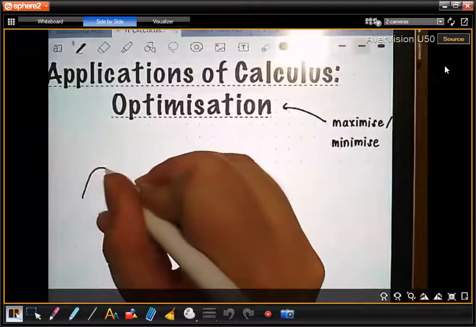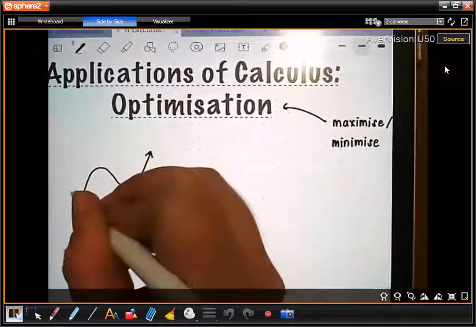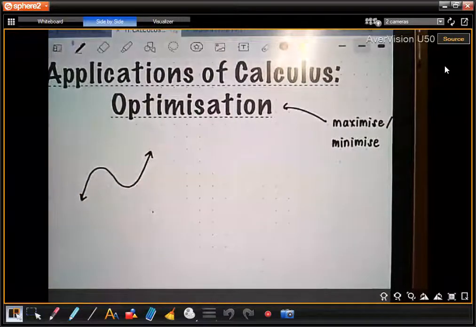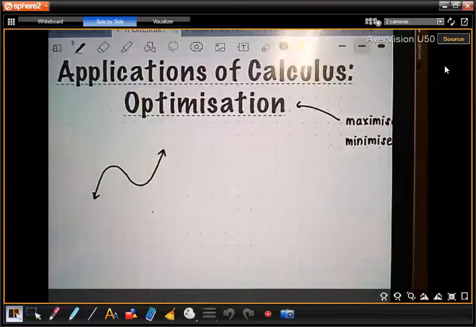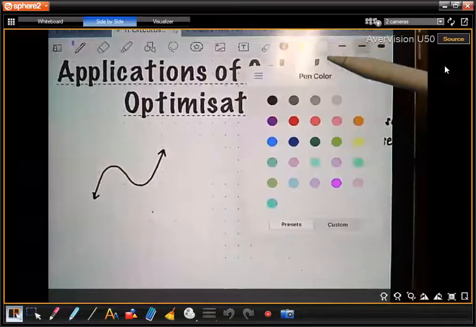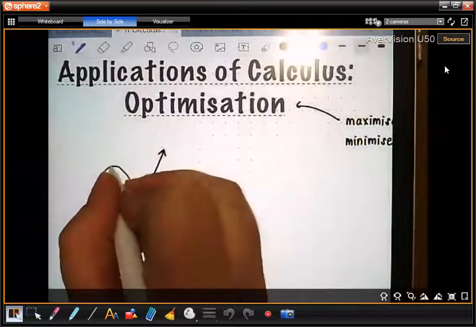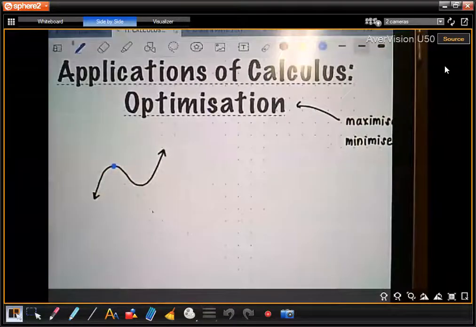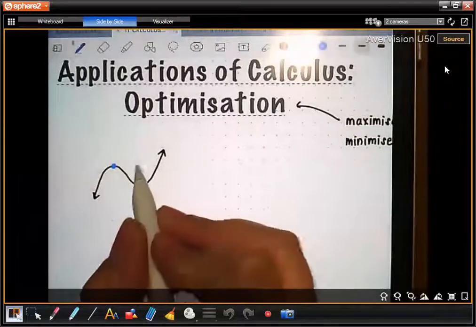Let's draw a very rough sketch of a little cubic graph. Don't worry about having axes, just that shape. Hopefully you remember this point here, that would be a turning point.